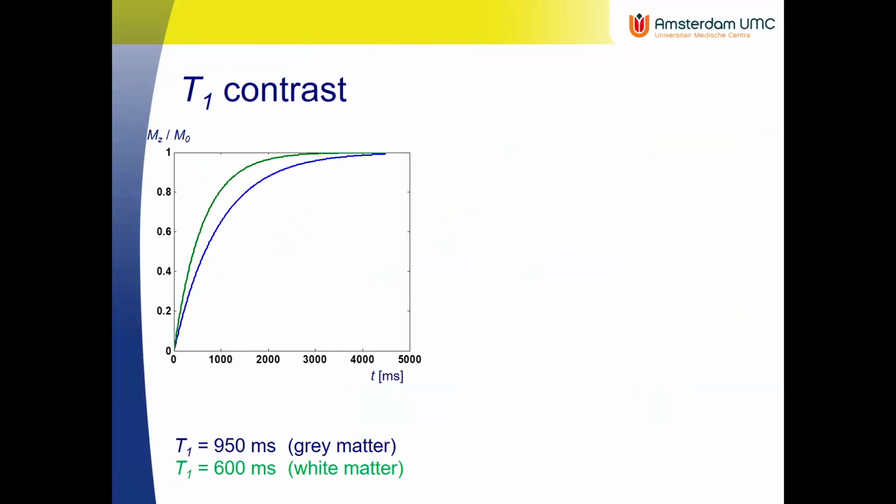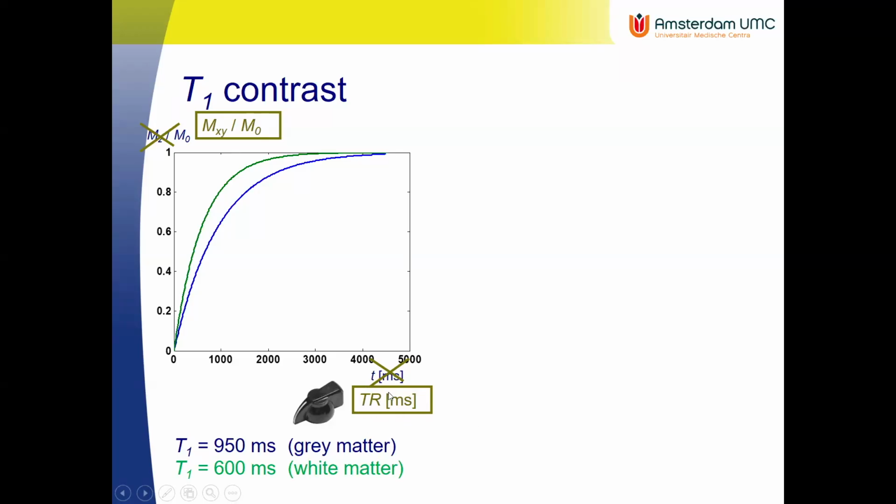So we have this little plot with the longitudinal magnetization there and the time after the excitation pulse there. And with the repeated excitation pulse, we can make this a bit more useful, because now we have on the vertical axis the transverse magnetization, which is something we can measure, as a function of repetition time.